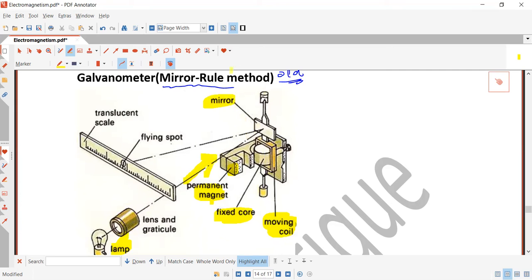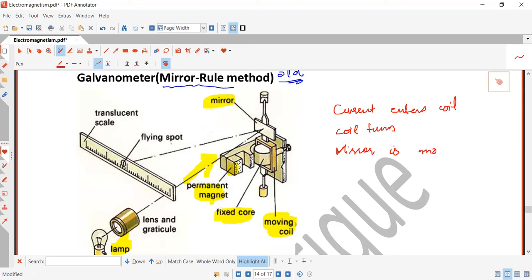So when the current enters the coil, what is the second step? The coil turns. The mirror is mounted on the coil, so the mirror also turns.